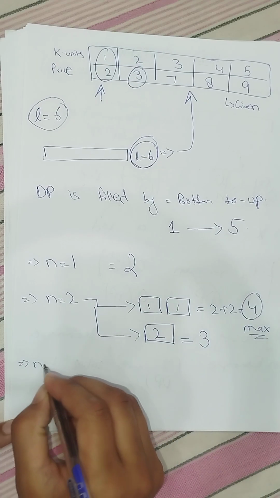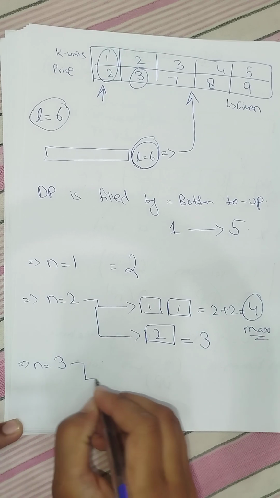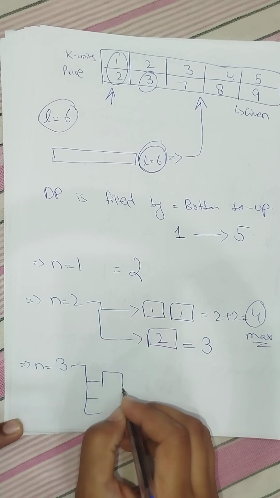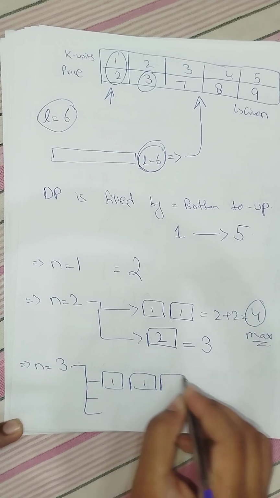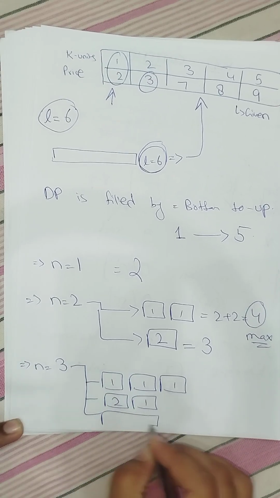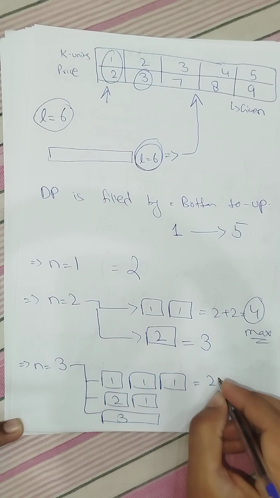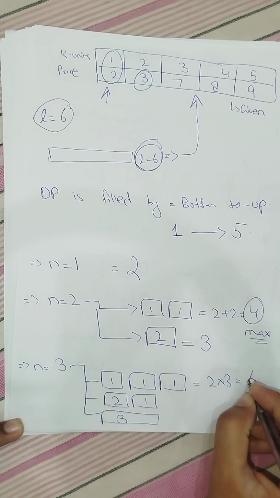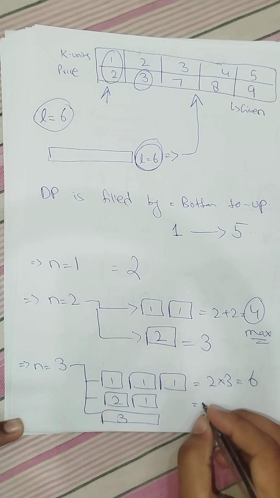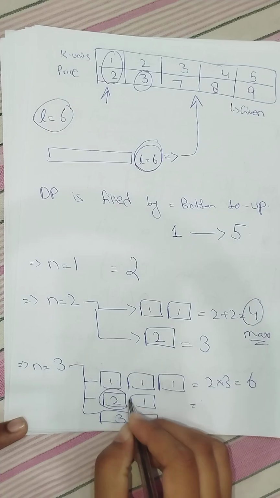So when we go for n is equal to 3, there are these possible combinations. We can go for 3 single unit blocks, 2 1, or we can sell the entire 3. In this scenario we will get 2 multiplied by 3 is equal to 6 units of profit. Now you can see here we will refer to the DP table.